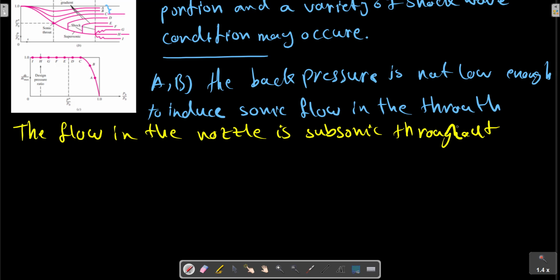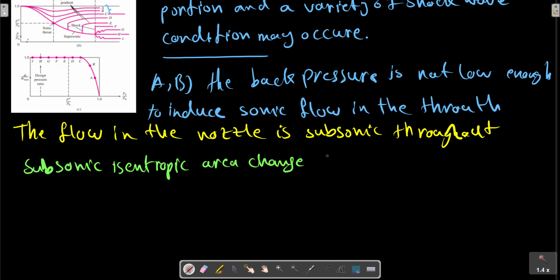The pressure distribution is computed from the subsonic isentropic area change relation, such as the previous description.